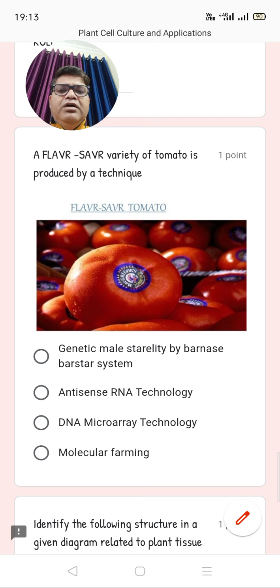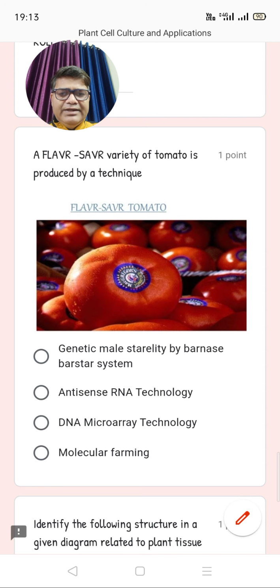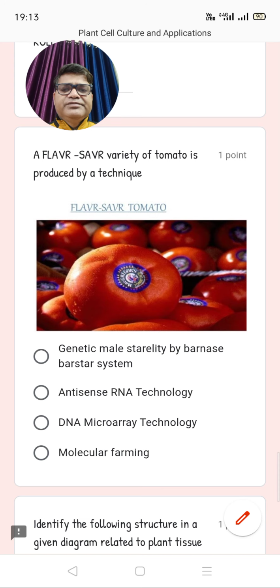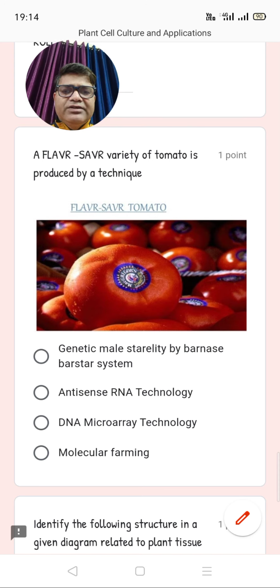So this Flavr Savr variety is produced by a molecular technique, that is antisense RNA technology. So the correct answer is antisense RNA technology. Such types of questions are coming in many competitive exams related to biology and biotechnology. Next question.